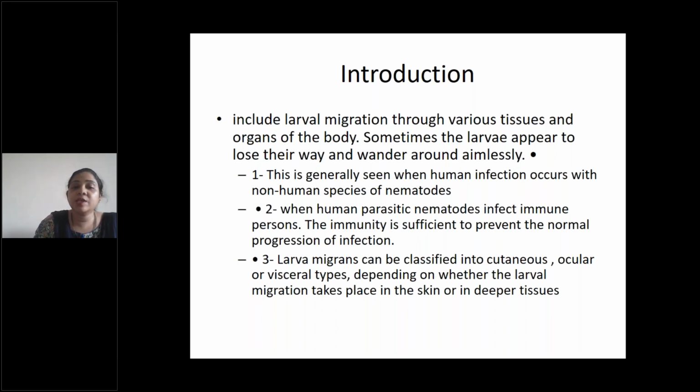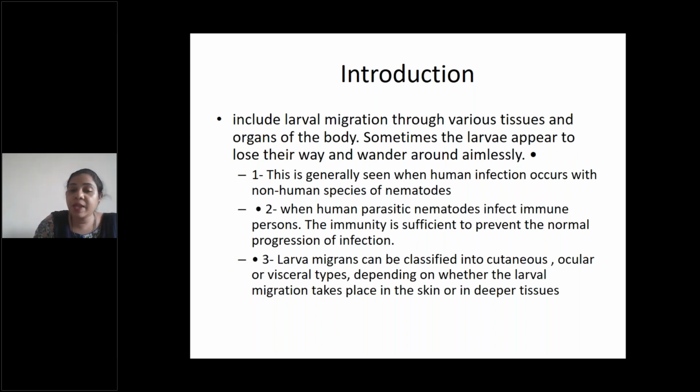This condition is usually seen when human infection takes place with non-human species of nematodes. When human parasitic nematodes infect persons, the immunity is sufficient to prevent progression of infection.